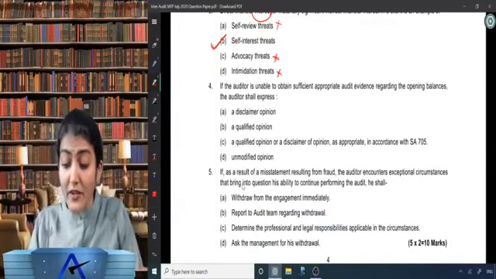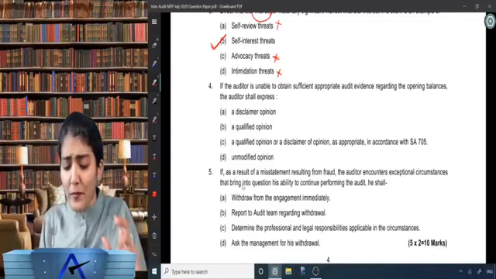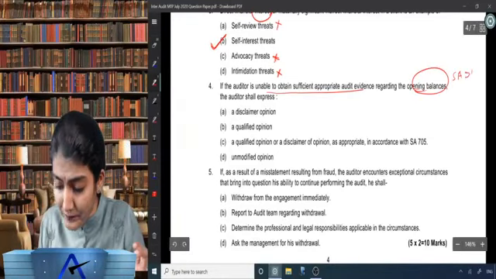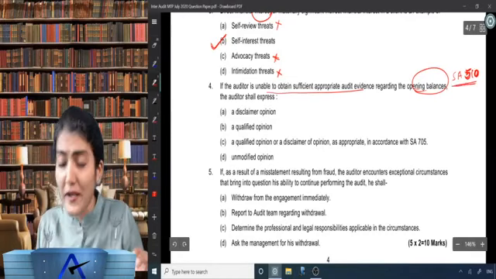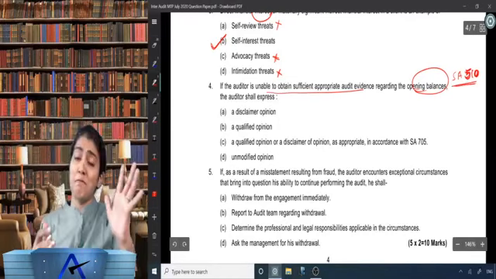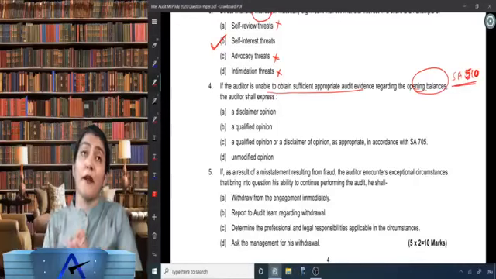let it be anything, but here they are saying unable to obtain evidence regarding the opening balances, and SA 510. You performed your audit procedures for the opening balances, but you're unable to obtain evidence. Disclaimer, qualified or disclaimer as appropriate in accordance with 705, or unmodified opinion.